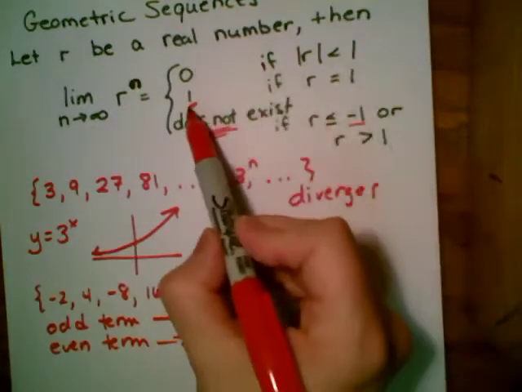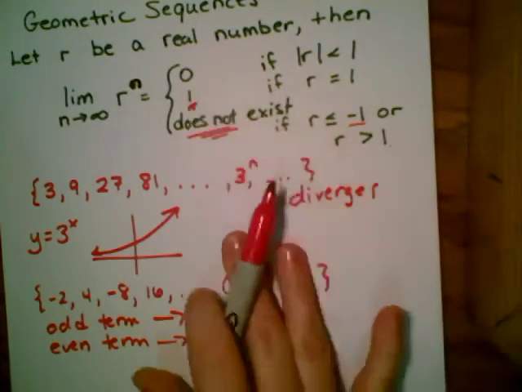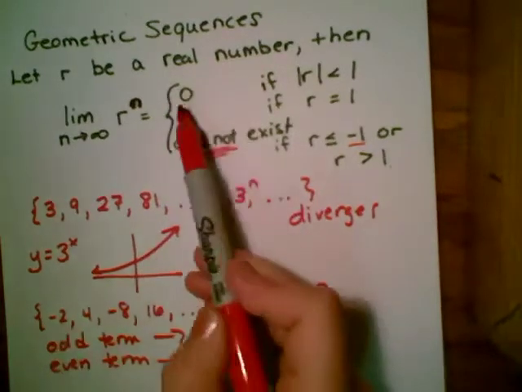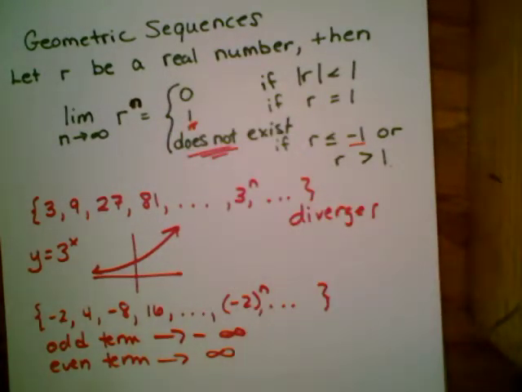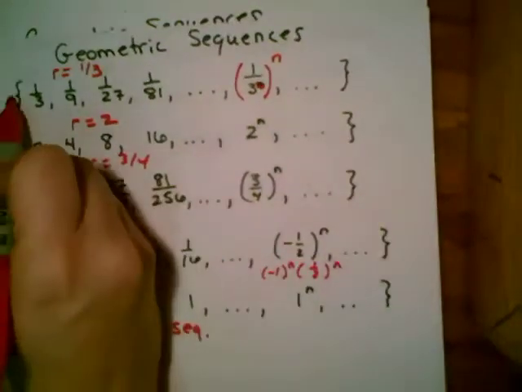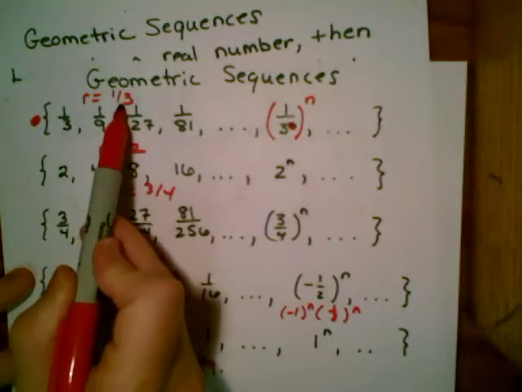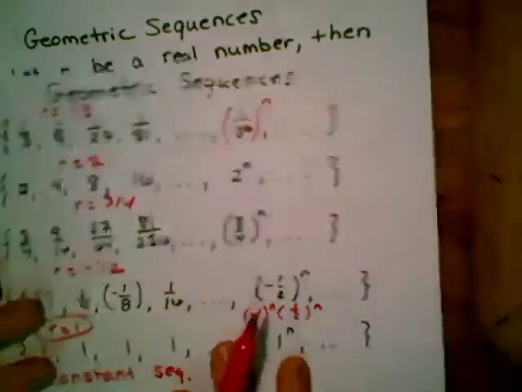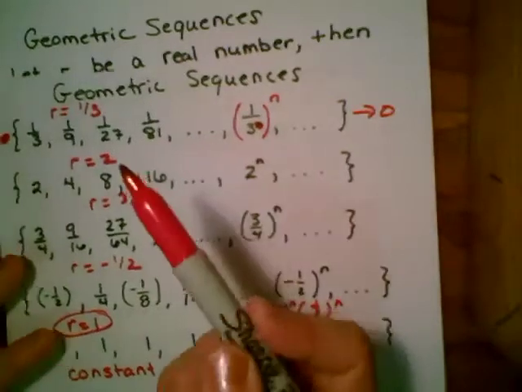We saw the uninteresting example where the terms were constant 1. And then if we return to any of those examples where the absolute value of R is less than 1, we can convince ourselves that the sequence will converge. We have two of those examples. In the first example, the absolute value of R was less than 1, so by our theorem, that converges to 0, and we can see that.